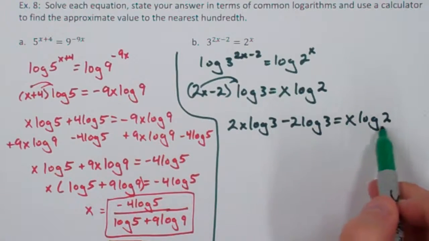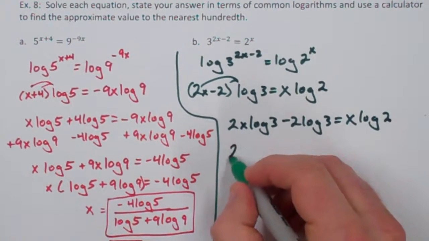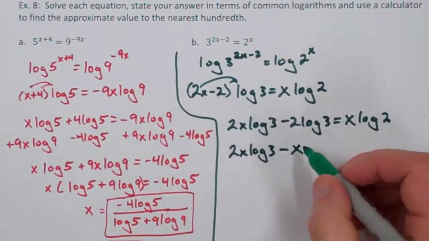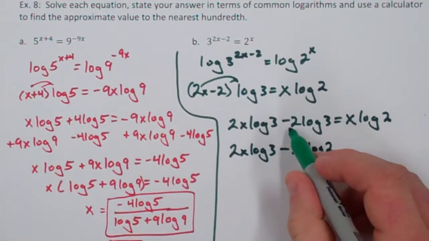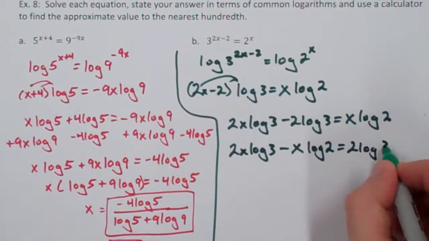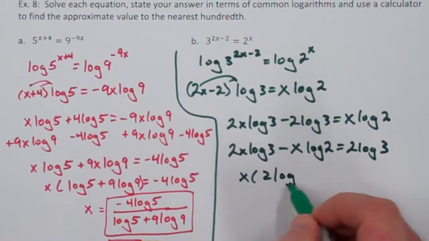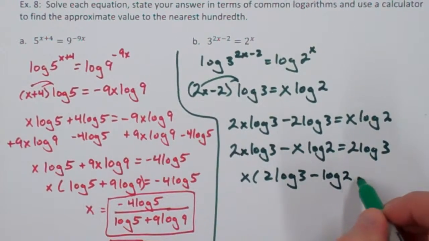Now we need to get this term with an x in it close to this one, so we could subtract from each side. That'll leave us with 2x log 3 minus x log 2, and then we need to add 2 log 3 to each side. Factoring out an x, we've got 2 log 3 on the inside of the parentheses minus log 2.